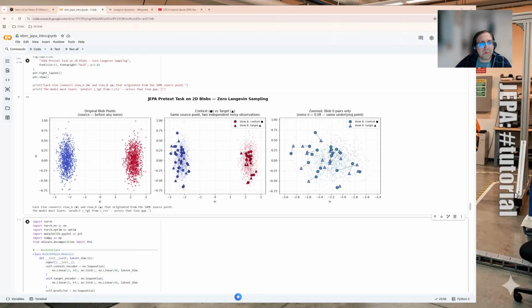Then in panel 2, I just took 30 matched pairs. The circles are what we call A, and the triangles are the B. The gray lines connect the two views from the same source point, right? You can notice that these pairs are very close together, because the sigma I chose is 0.08, which is very small compared to the intercluster gap.